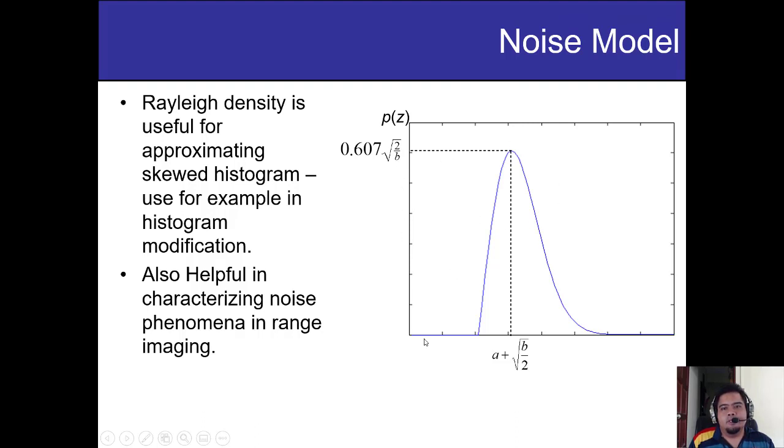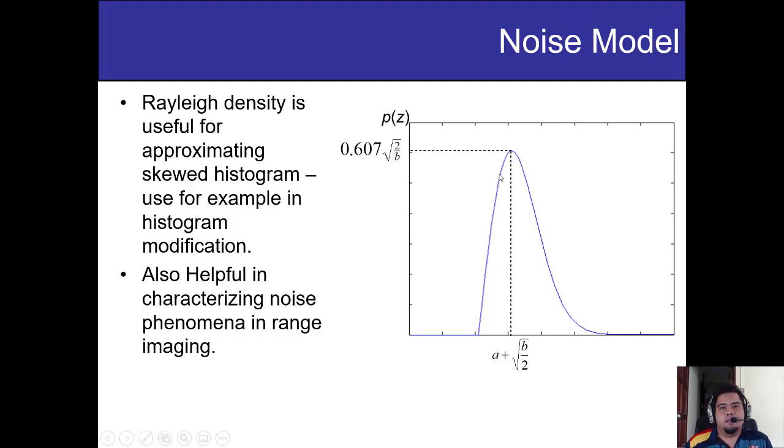You can see now it's not a bell shape anymore, the shape is like this. So remember, the step is similar. You get the image from the plain surface, generate the histogram, and from the histogram generate the PDF. If you find that the shape of your PDF looks like this, then you can conclude that the noise that affected your image is Rayleigh noise.